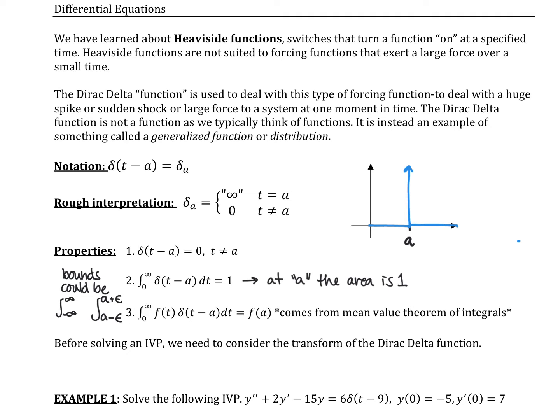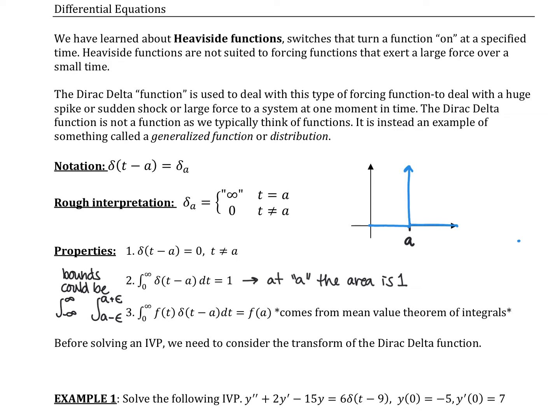So just some distance surrounding a. They don't necessarily have to go from 0 to infinity, but if I want to say I'm going to let my epsilon be 10 and a is, I don't know, 10, then my integral would go from 0 to 20.